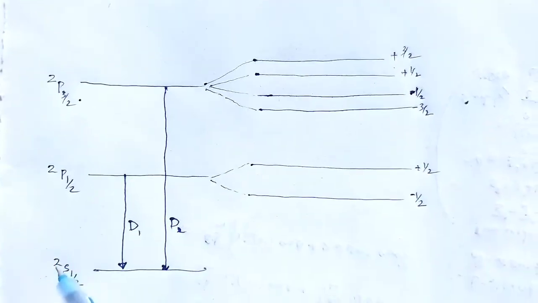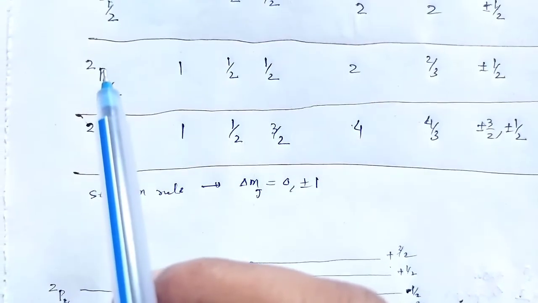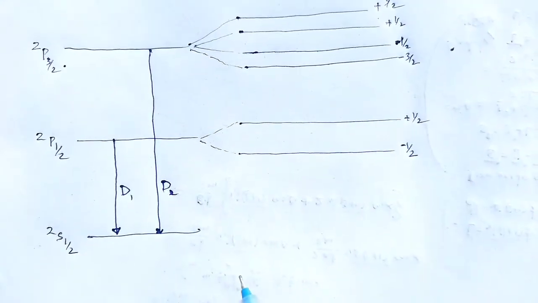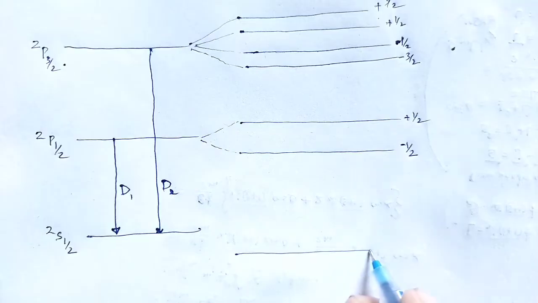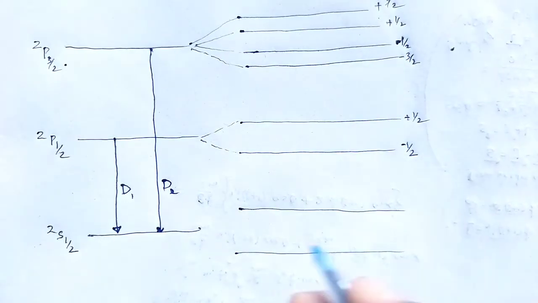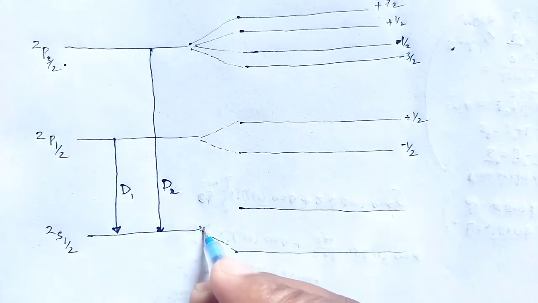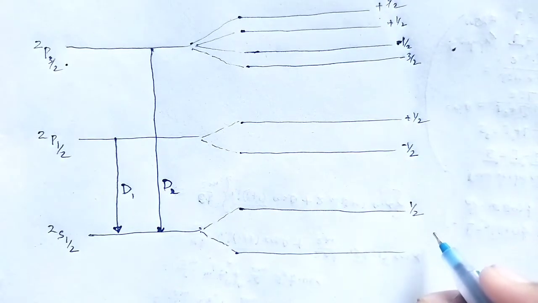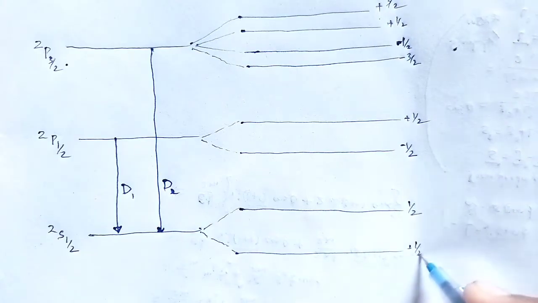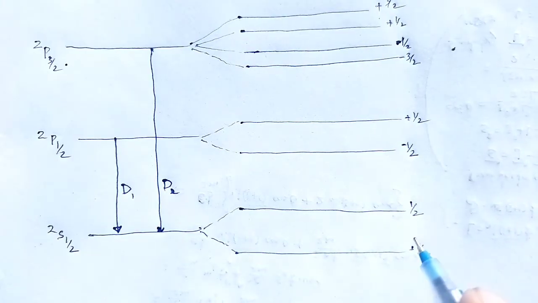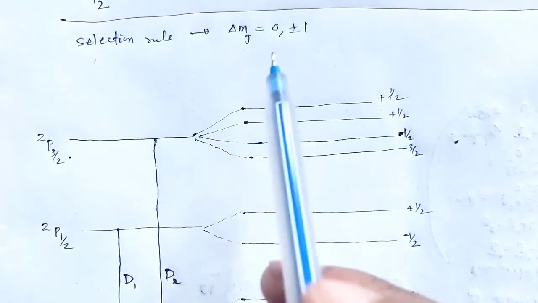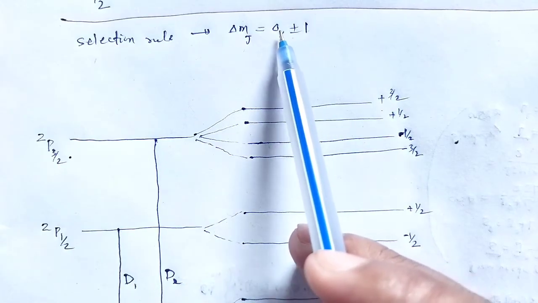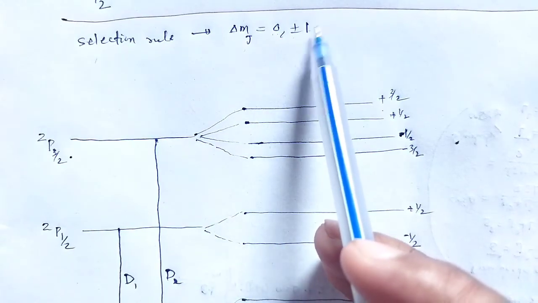Then for 2s 1/2, that is also 2, plus half and minus half. Now according to the selection rule, the transitions are plus or minus 1 and 0.